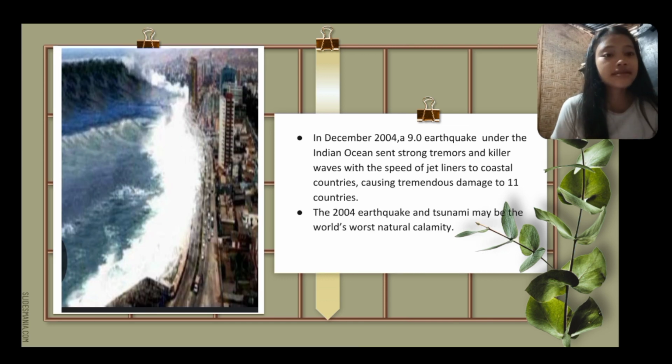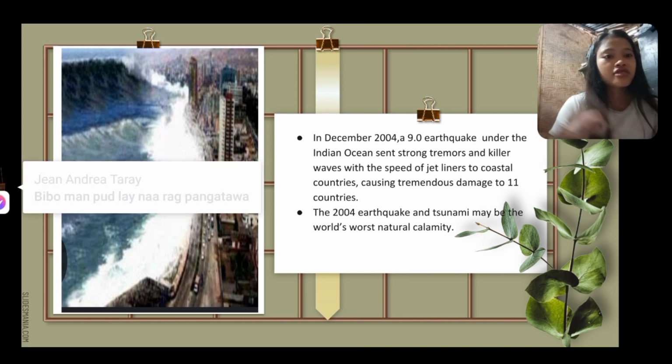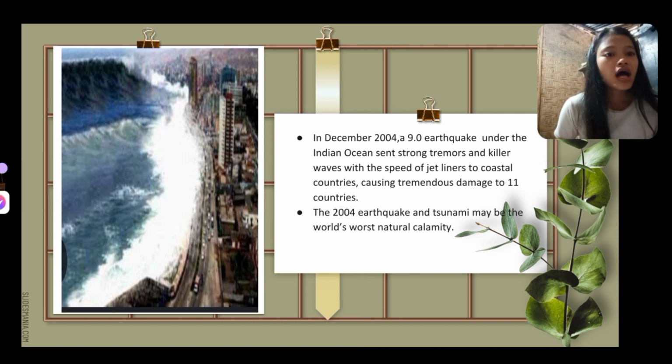In December 2004, a 9.0 earthquake under the Indian Ocean sent strong tremors and killer waves that sped at the speed of jetliners to coastal countries, causing tremendous damage to 11 countries.